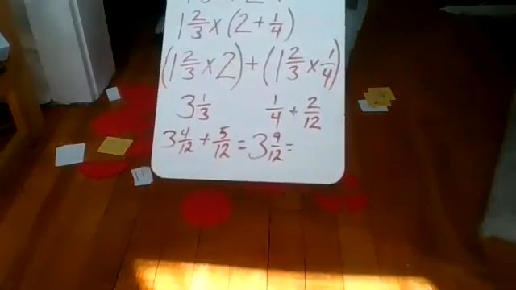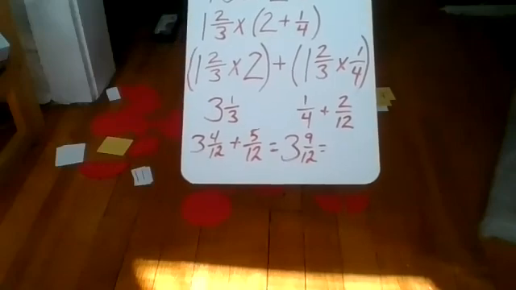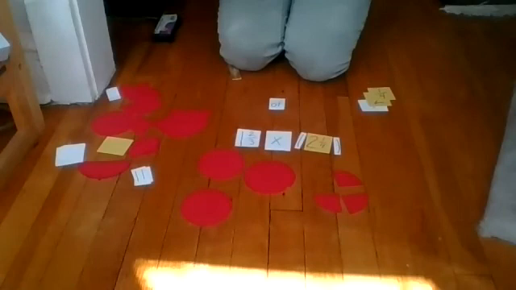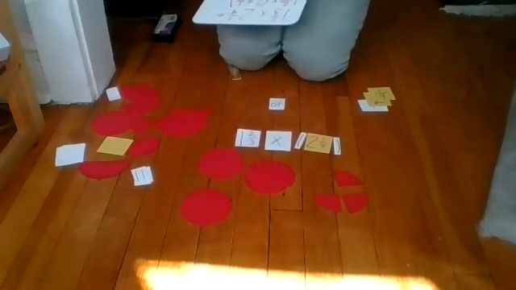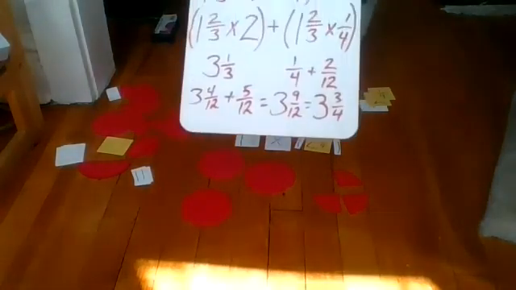That's what we started with when I simplified all of the products of my multiplication. And then I simplified that again, and I have 3 and 3/4 as my final product.